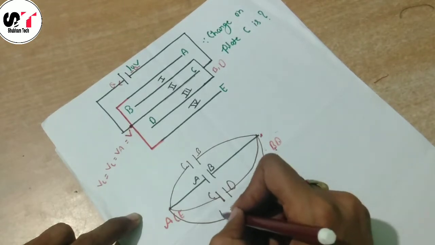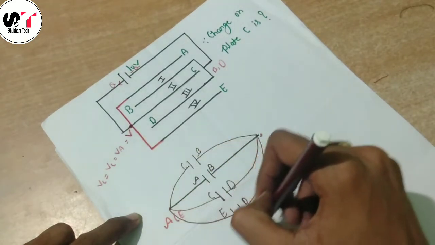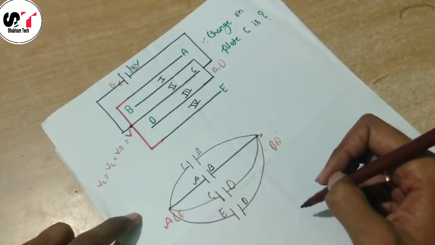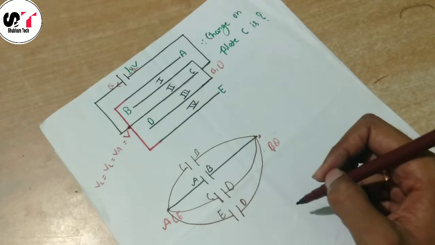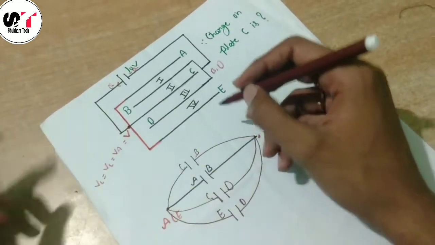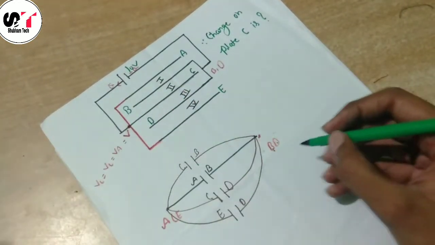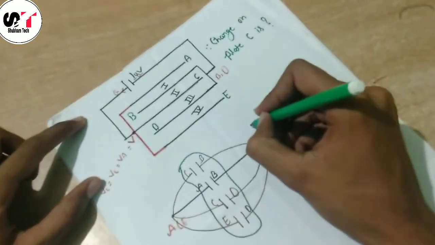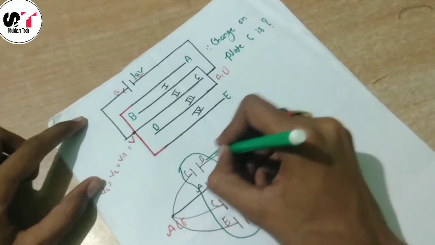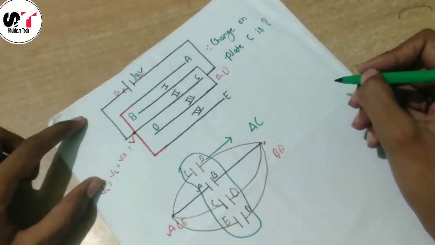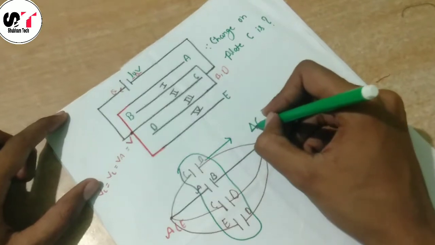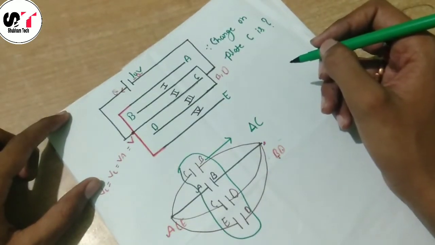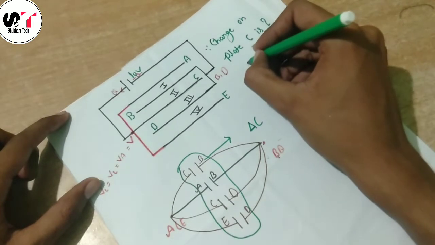You can see that all the four capacitors are in parallel combination to each other. So its equivalent is 4C. In the question, each capacitor has a value of 2 microfarad.